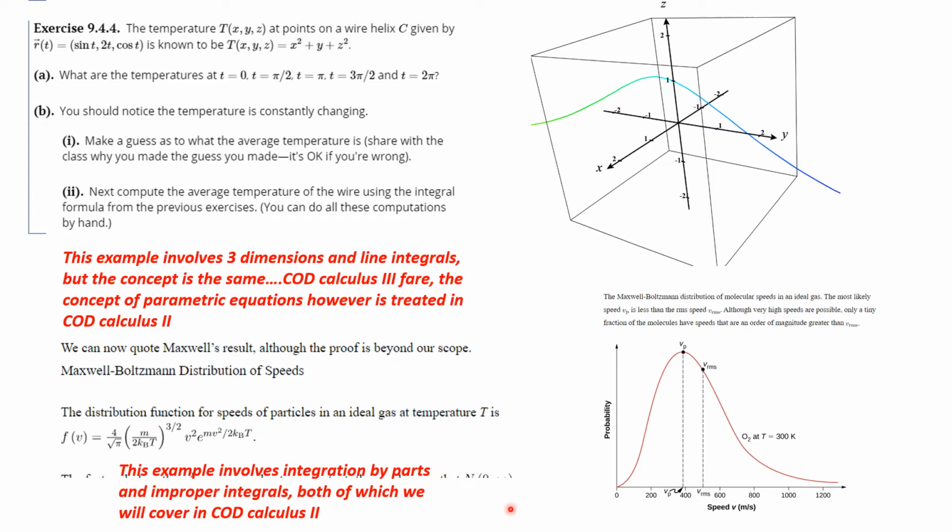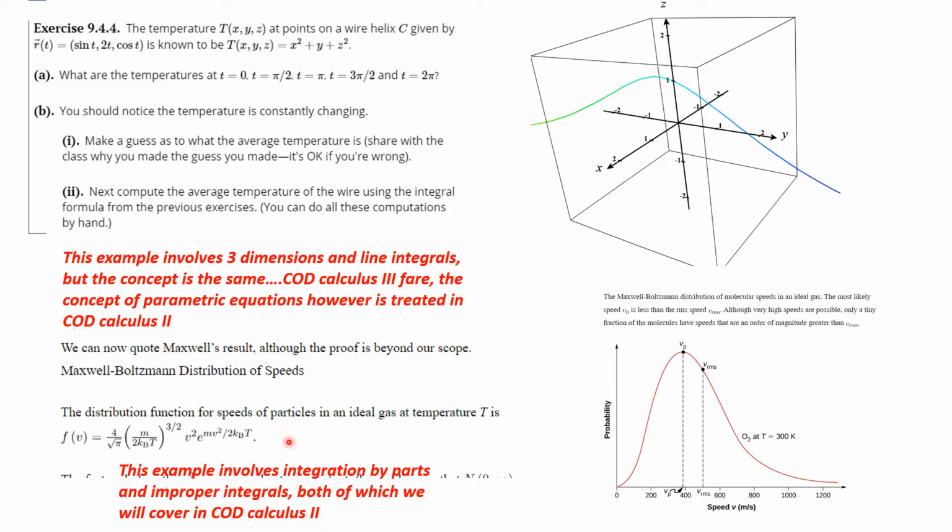in the average velocity. This distribution function can be shown to be f of v equals 4 over the square root of pi, times m, the mass of all the molecules, and T, the temperature, and a constant k depending on the ideal gas, times v squared e to the negative m v squared all over 2 k times T. Now, this example involves integration by parts and improper integrals, both of which we cover in Calculus 2.